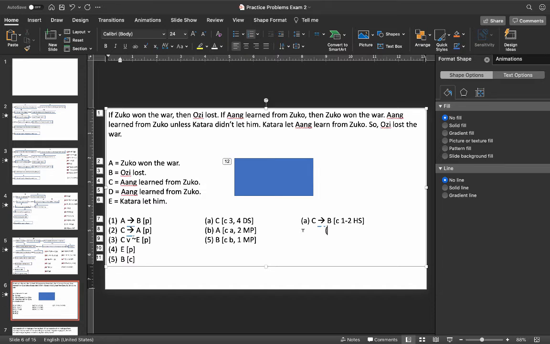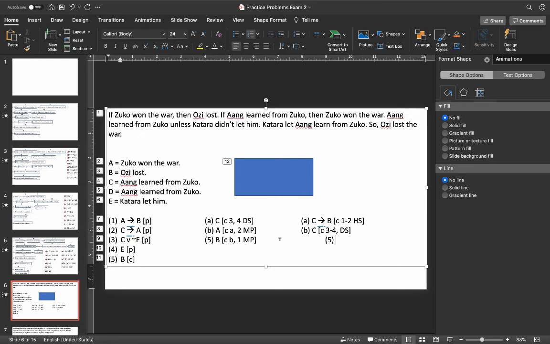Now I come down and need to draw my next conclusion. Sorry, the computer is acting slow here. Once I have C gives me B, then I can say, okay, well, I know C is true because of 3 and 4, so I can do the same kind of thing I did before. Say C is true. That's a conclusion from 3 and 4 by disjunctive syllogism. And I can then say, okay, 5 is true.